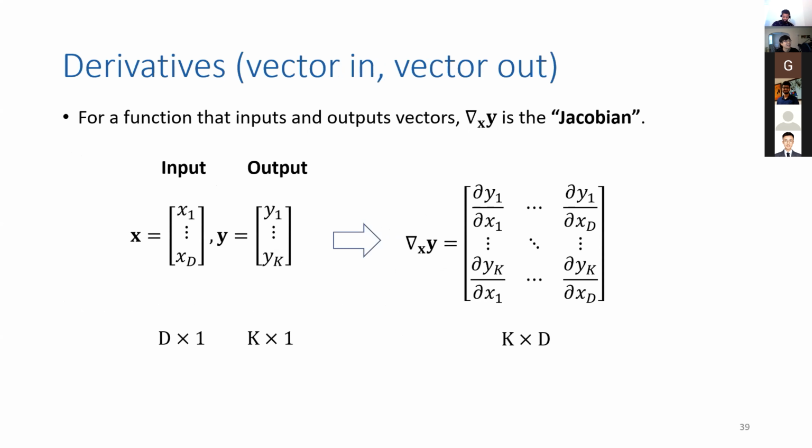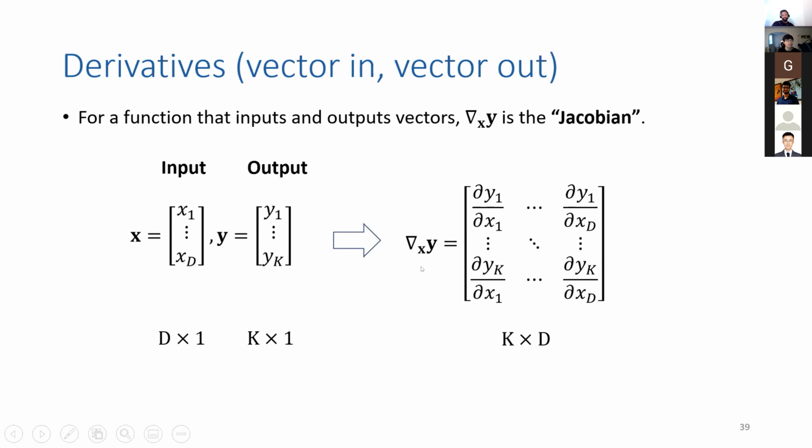And as a final, higher dimensional case, there's vector input and vector output, where you'd have multiple input variables in a vector being passed into a function, and then you receive a vector of output variables. In this case, notice that there's d input variables and k output variables.